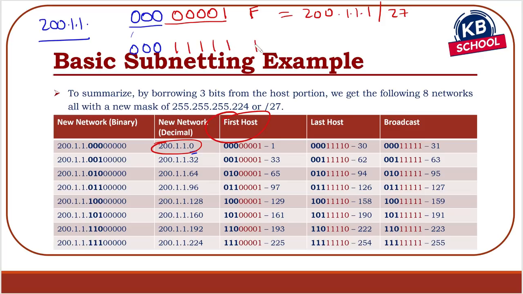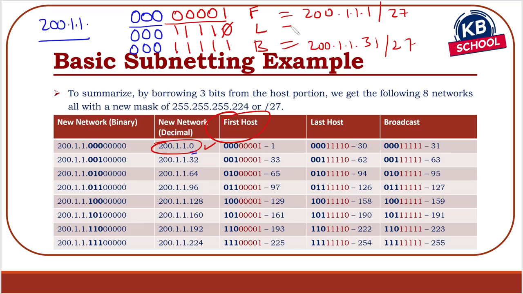So my broadcast address on this 200.1.1.0 network, this network over here, is 31. So 200.1.1.31/27. And the last usable address on this particular network, 000, is going to be 11110. Why 10? That's the address before the broadcast. And if you add that up, 16 plus 8, 24 plus 4, 28 plus 2, 30 and 0.